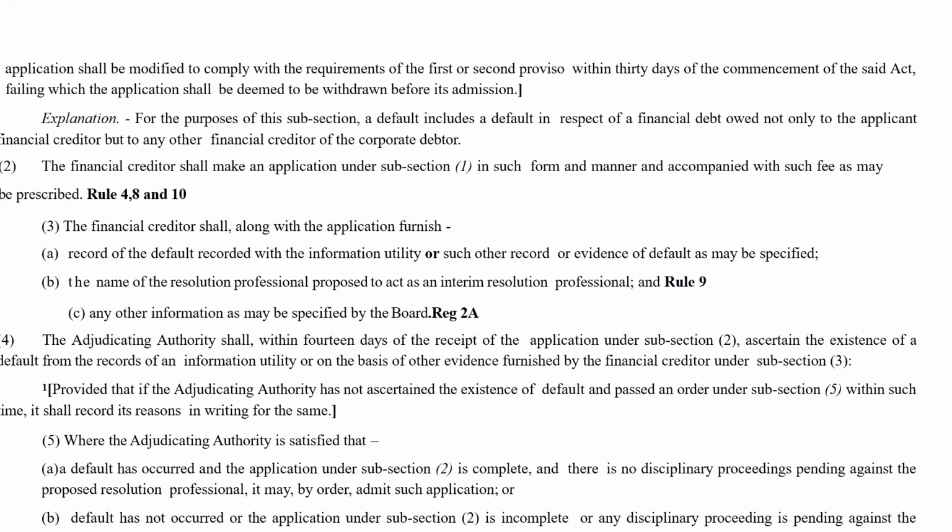You have to take his consent in Form 2 and give the name of the resolution professional proposed to act as an IRP. Now, till the time this IRP is appointed, it is a private arrangement between the applicant and the insolvency professional.